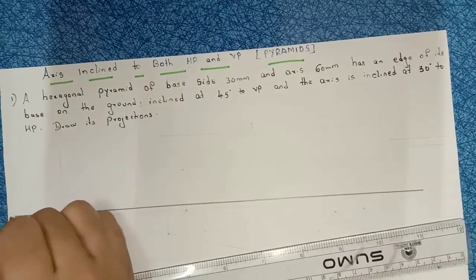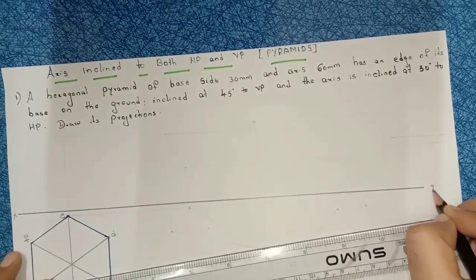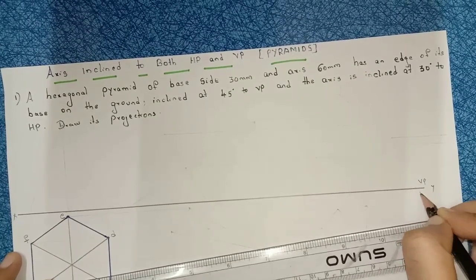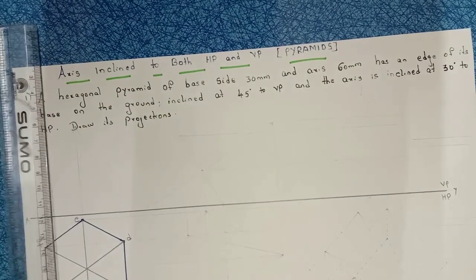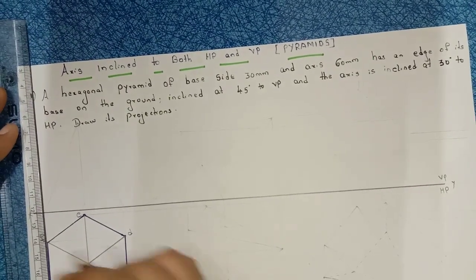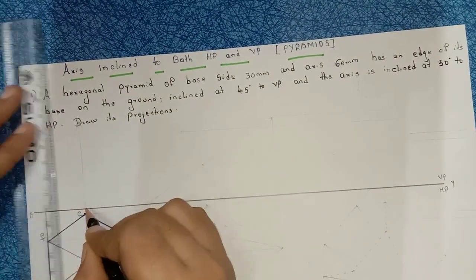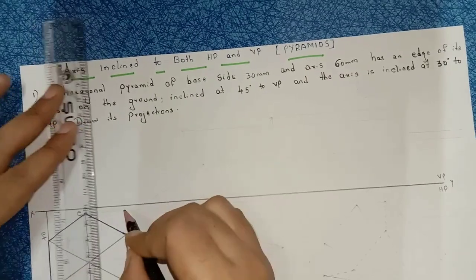Name it XY, with the vertical plane above and the horizontal plane below. After that, project all the corners up to the reference line.